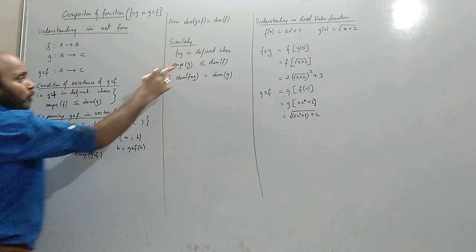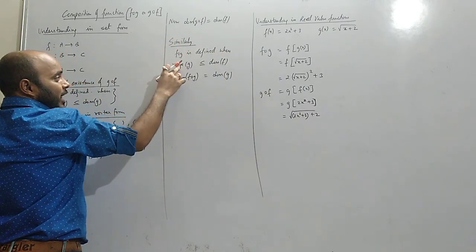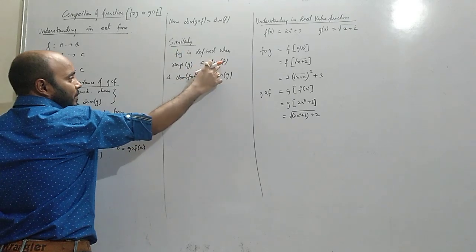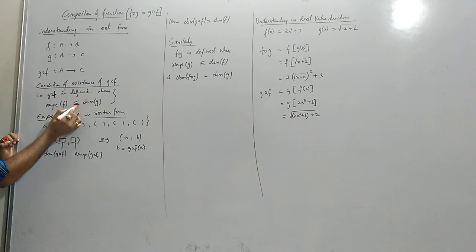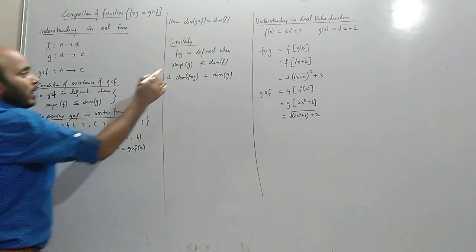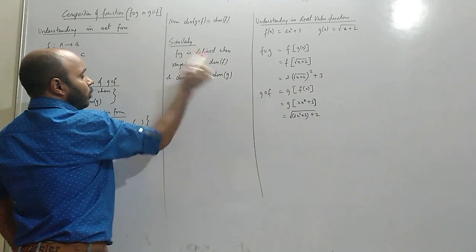Same case for FOG: it is defined when the range of the last is a subset of the domain of the first. Last range subset of first domain.